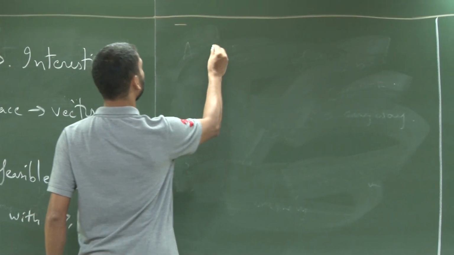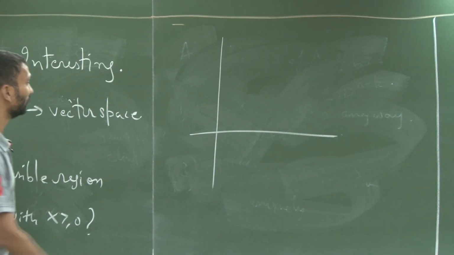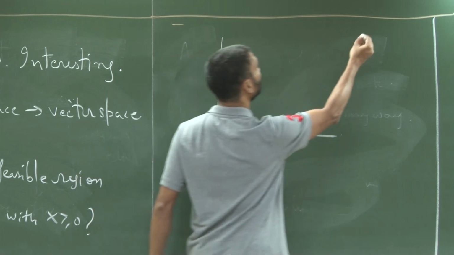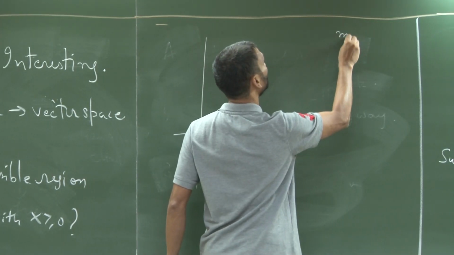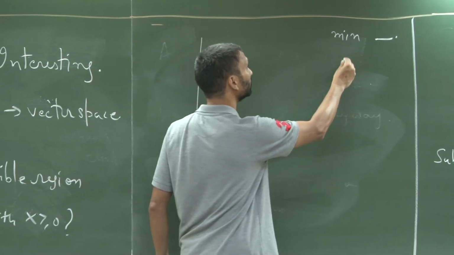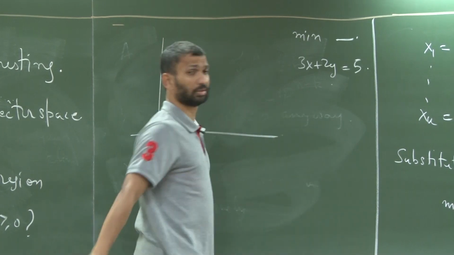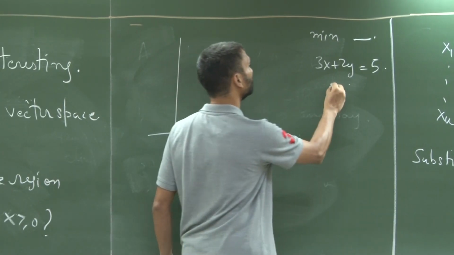So, now let us say in 2D, that is the simplest. I have a program, so minimize something, I do not care, I am interested in just the feasible region. Let us say this is the problem.